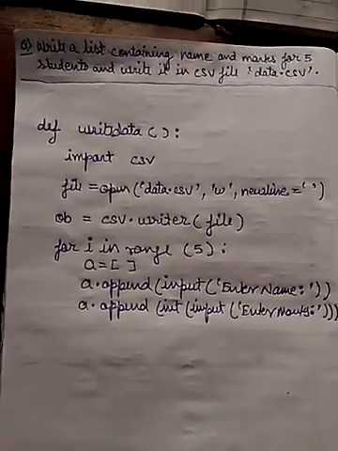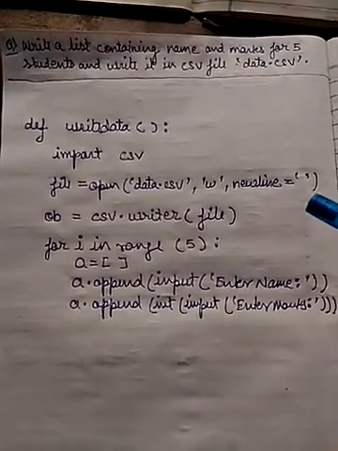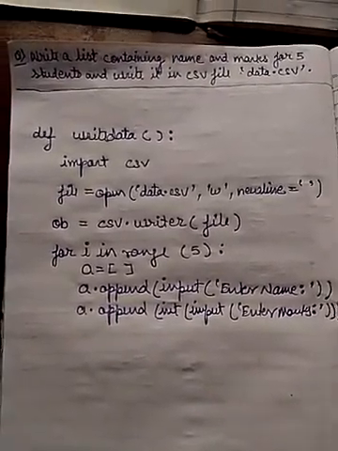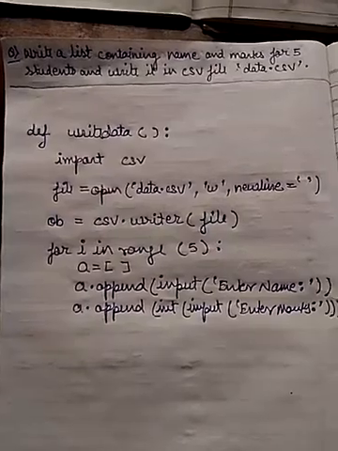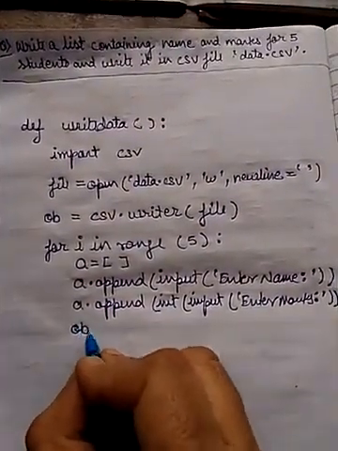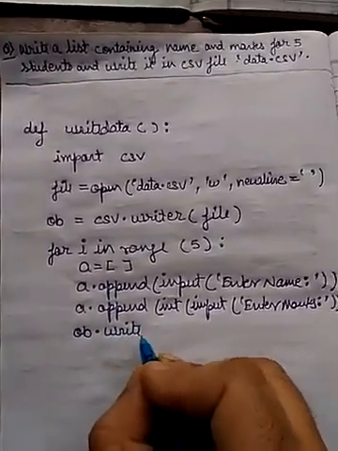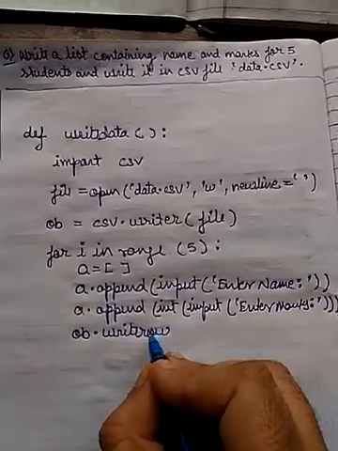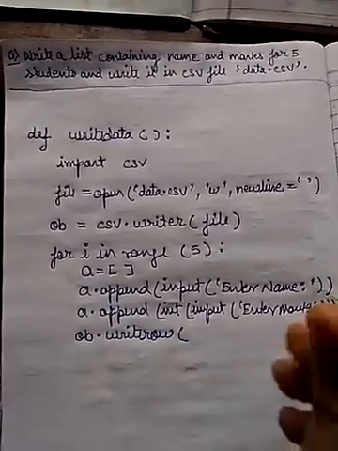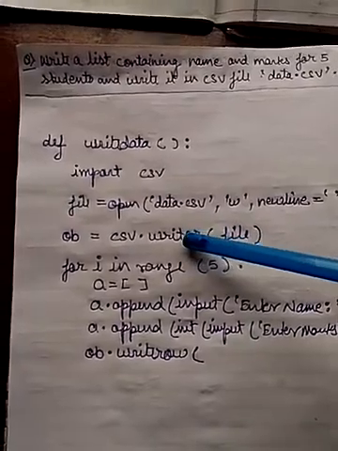Now I want to write this list A in the CSV file. So to write the row in the CSV file, you have to call the function writerow. So object.writerow. Writerow is the function of writer class.